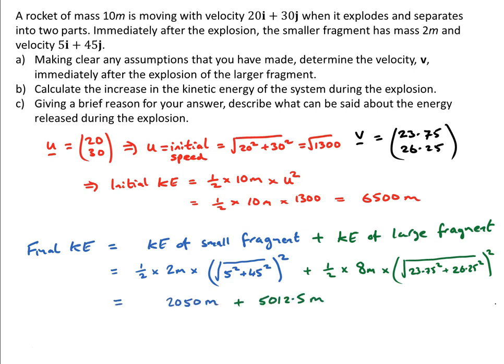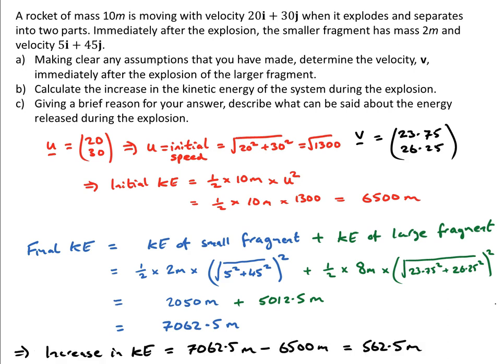Which gives us 2050m plus 5012.5m, or 7062.5m. So the increase in the kinetic energy is the difference between the 7062.5m and 6500m, which is namely 562.5m.